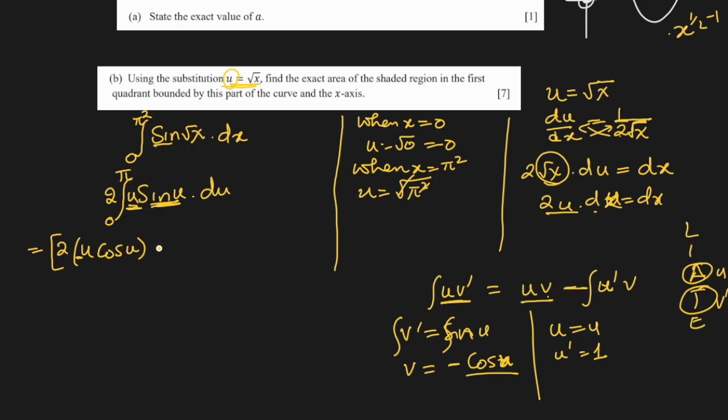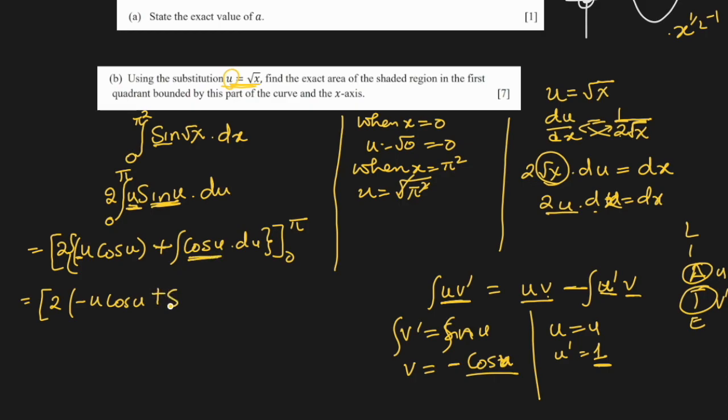Next is minus the integration of u prime v. U prime is 1, so no need to write 1. V is negative cos u, so I will write cos u here and make it positive, du. And this 2 is with the whole of it, from 0 to pi. So 2 times minus u cos u plus the integration of cos u, which is sin u.